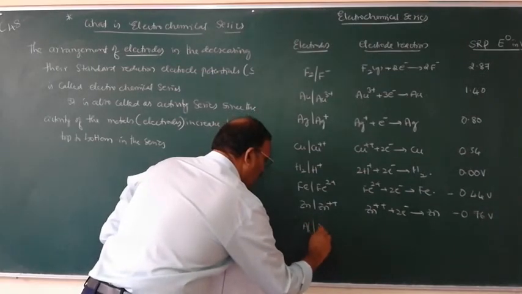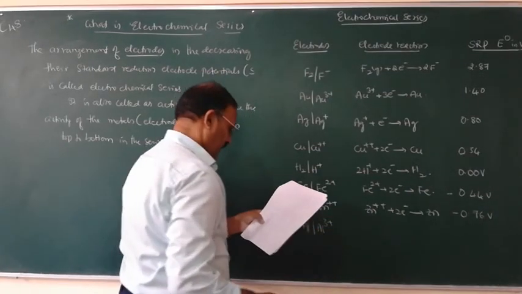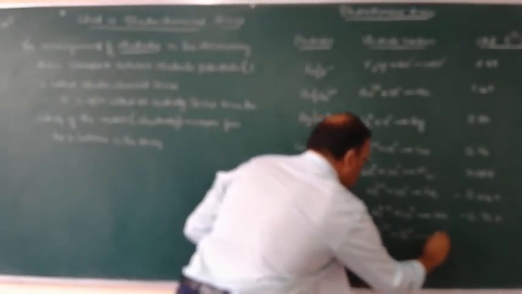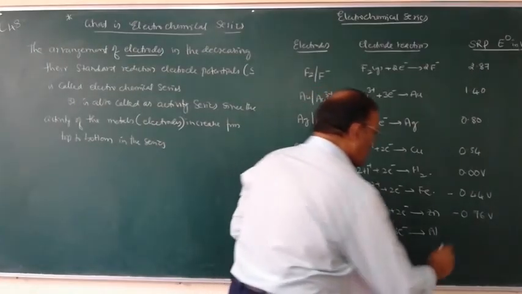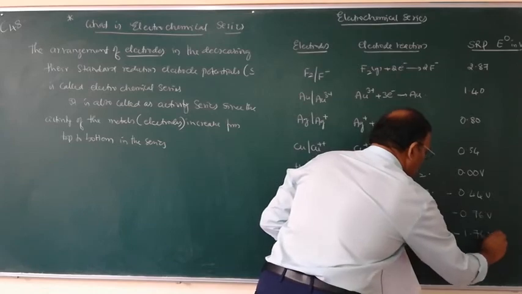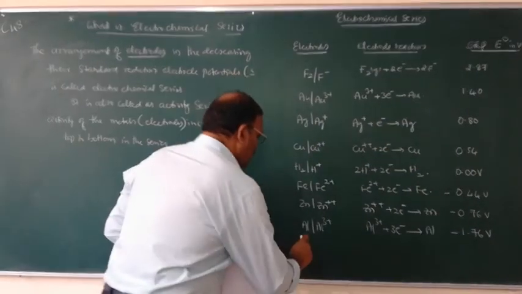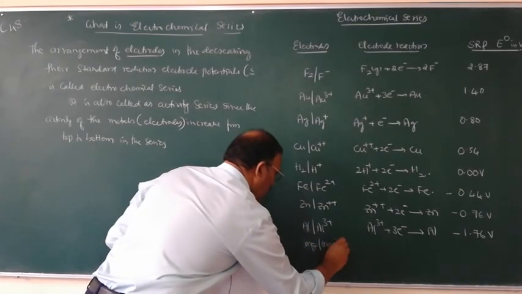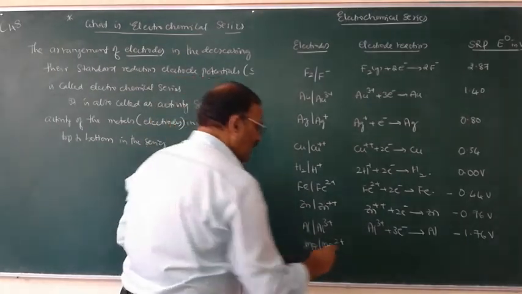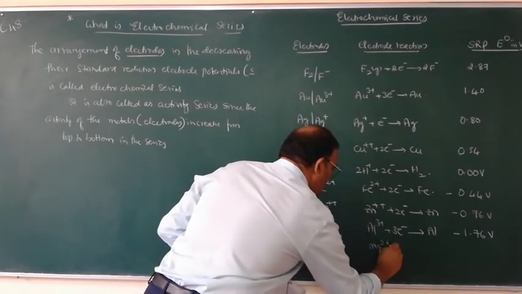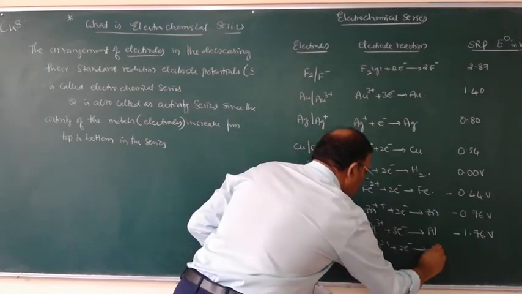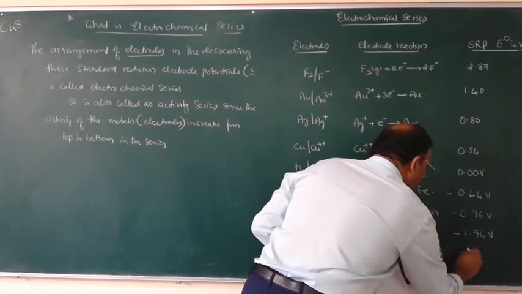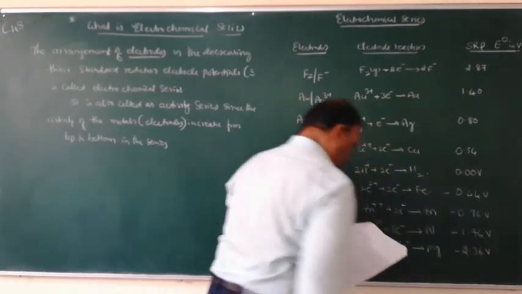Aluminium, Al bar Al3 plus: Al3 plus plus 3 electrons gives Al, minus 1.66 volts. Next Mg bar Mg2 plus: Mg2 plus plus 2 electrons gives Mg, minus 2.36 volts.